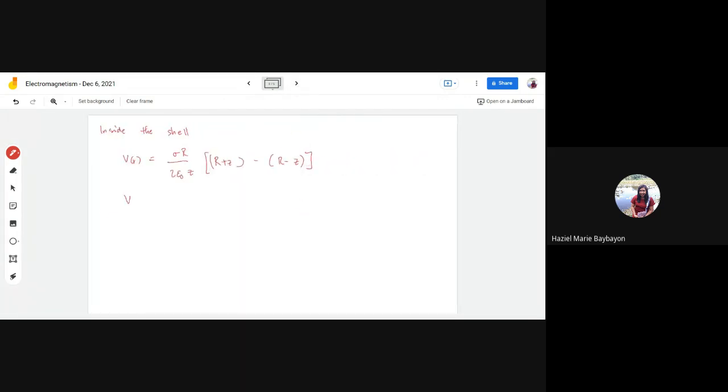Therefore, V of r is equal to sigma r over 2 epsilon naught z, and then we are left with 2z. Or this is just equal to sigma over epsilon naught multiplied by r.